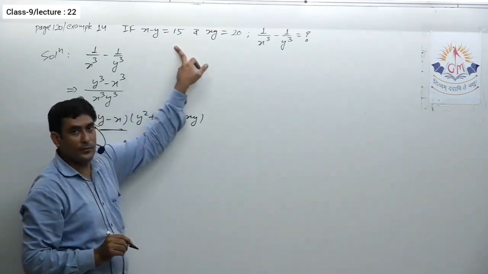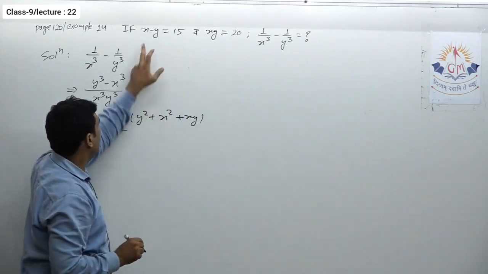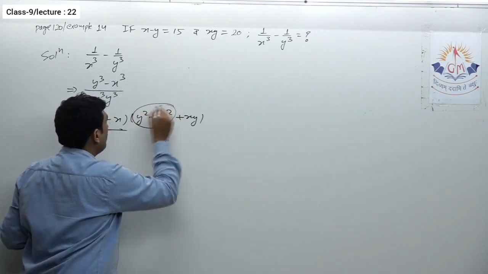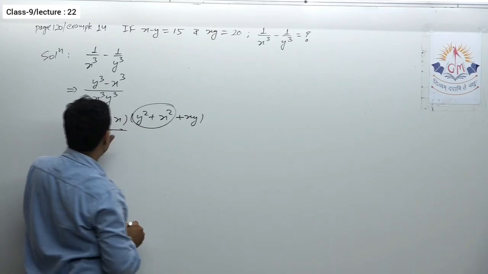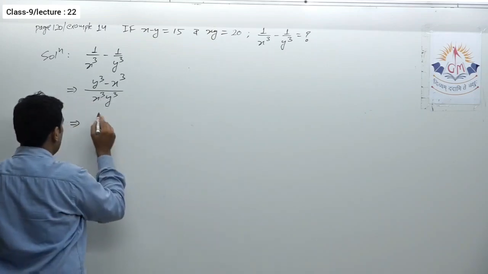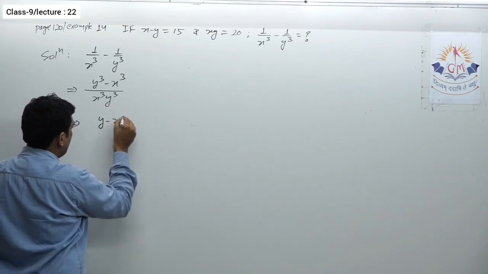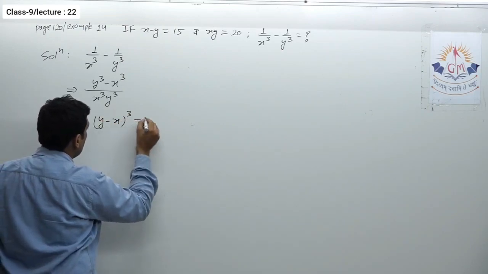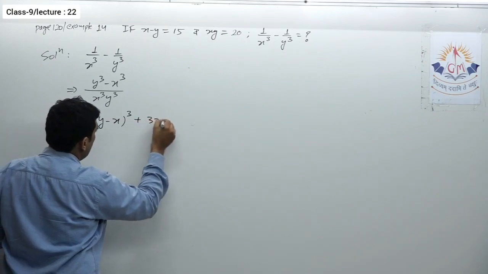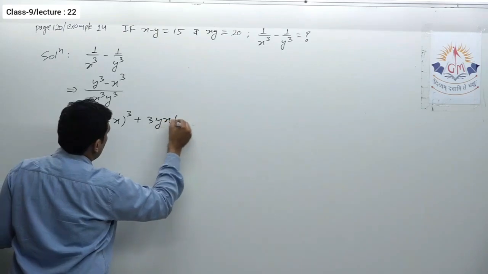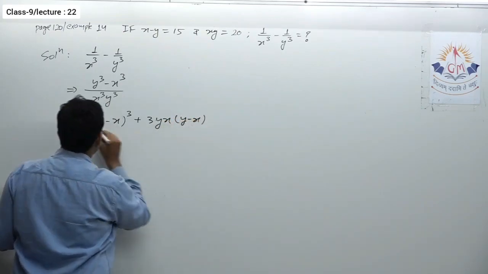Actually I have x minus y, which means I have y minus x; that is easy to obtain. xy is also given. The other part is difficult to find, so instead it's better to apply this one: y minus x whole cube plus 3yx into y minus x.